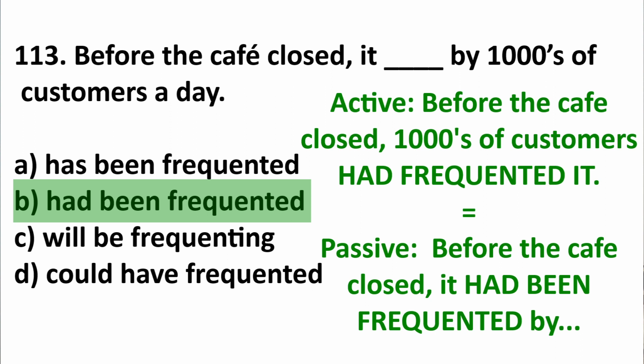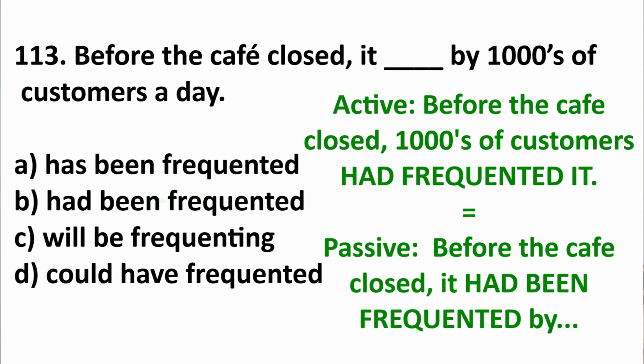Why? Well, customers had frequented it before it closed. So we're using past perfect. And so we start with the object and say, it had been frequented. That's your be verb in past perfect.